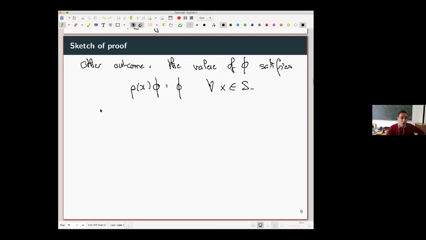And since S is a generating set, that implies that rho of g phi equals phi for every g in the group G. So phi is a vector which is invariant for the representation. And not only is it invariant, it is also non-zero, because remember, phi comes from an eigenvector for the operator A rho. So this eigenvector, by definition, is a non-zero vector as well.